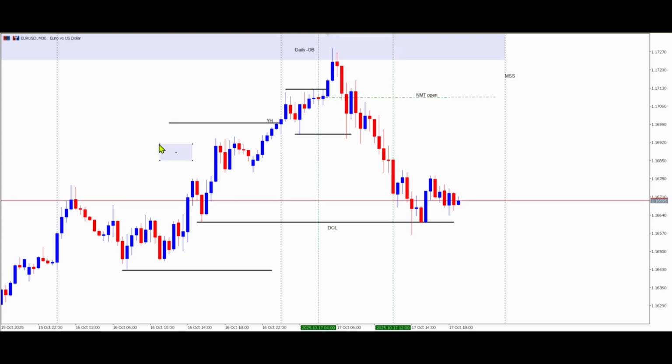Do we have our fair value gap? Yes, which is the one that I'm annotating right now. Nice fair value gap right there. Market structure shift.